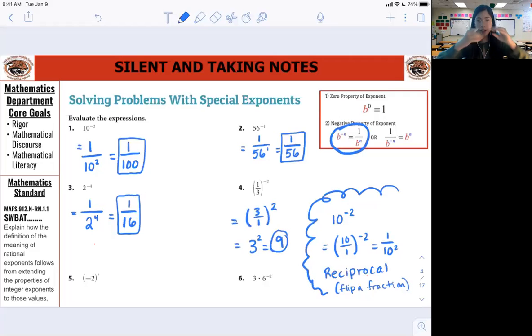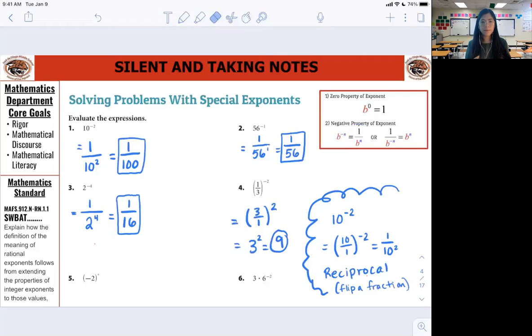So let's just bring it all together. A whole number, like in example 1, example 2, and example 3, a whole number to a negative exponent goes in the denominator. So it becomes 1 over that number. A fraction to a negative exponent becomes a whole number.